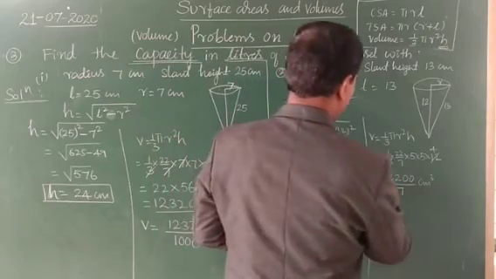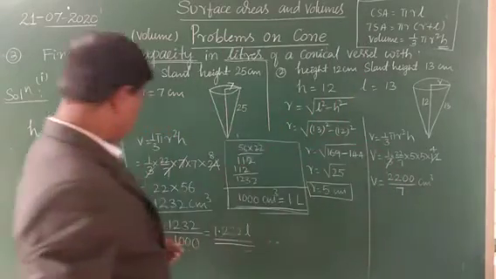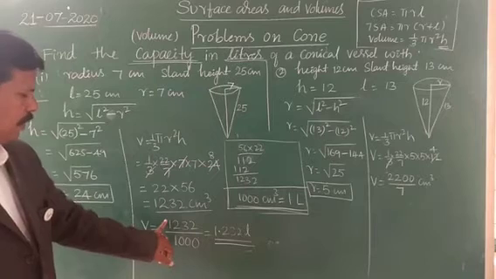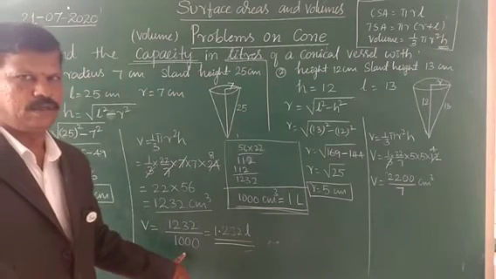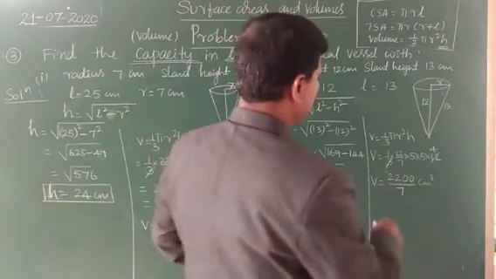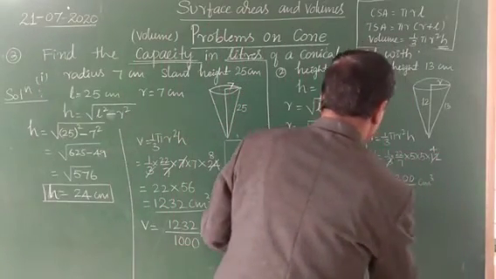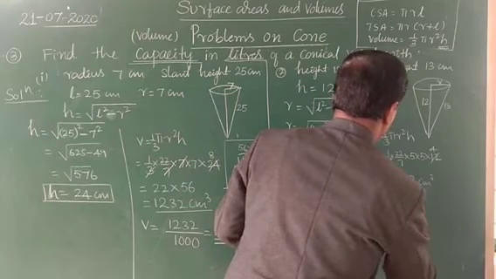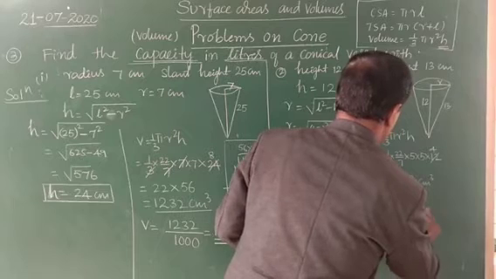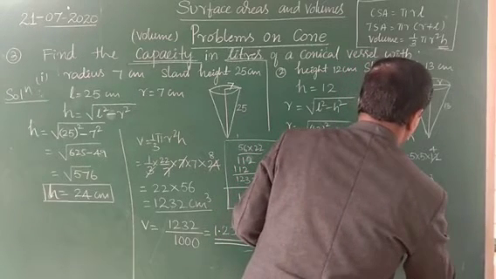Clear? Now, in the previous problem, what we did, we divided the whole thing by 1000. So here also, you should divide by 1000. Then V is equal to 2200 by 7, I am doing that 1 by 1000.